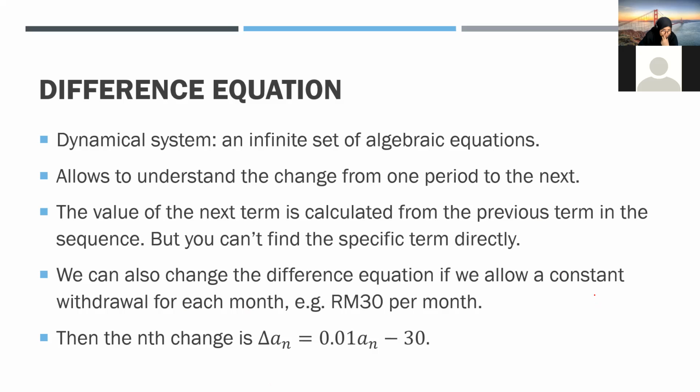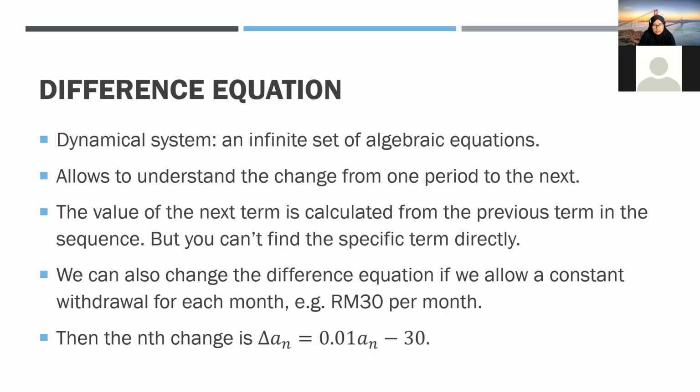Okay. Difference equation. Let's see some example in the dynamical system. So in the dynamical system, we have an infinite set of algebraic equations, and they allow us to understand the change from one period to the next.